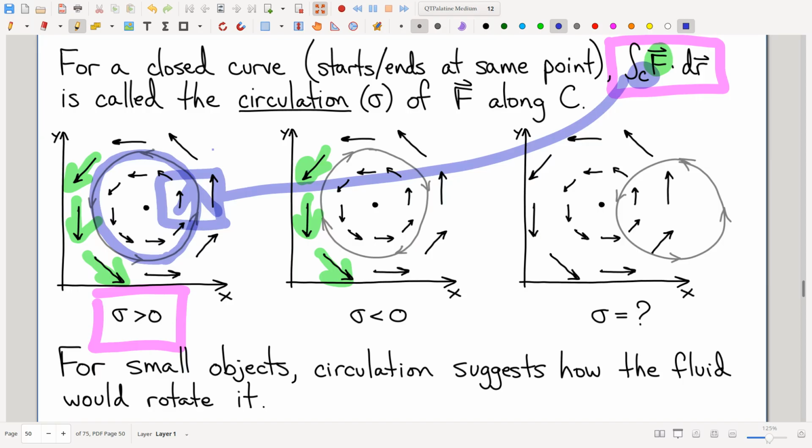So you might say that this integral asks the question, to what extent is this fluid flowing counterclockwise? And the answer is a positive extent.